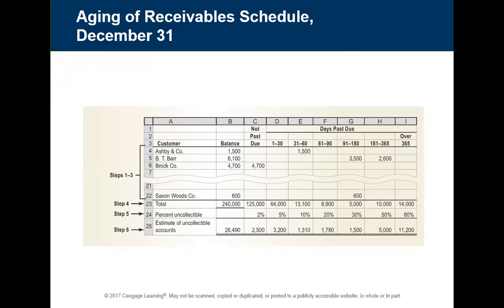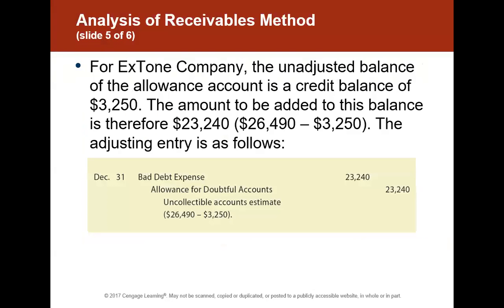So that's what we calculated based on our current receivables, our aging or analysis of receivables. That's the estimated uncollectible. So this 26,490 is what we think, out of all the accounts receivable we have, is not going to be collectible. So that's the amount we want in allowance for doubtful accounts.